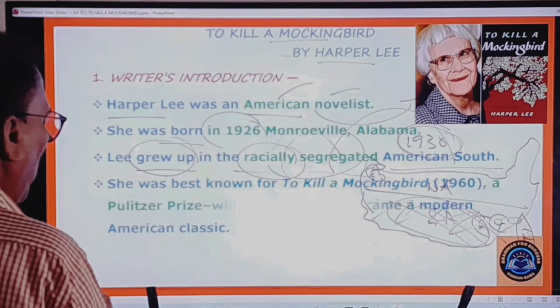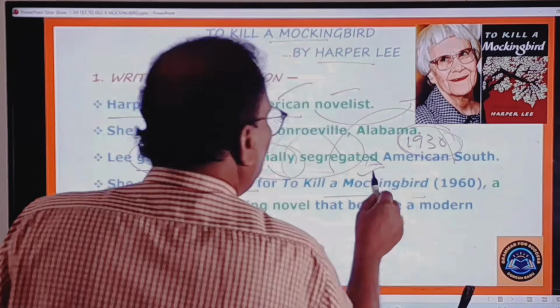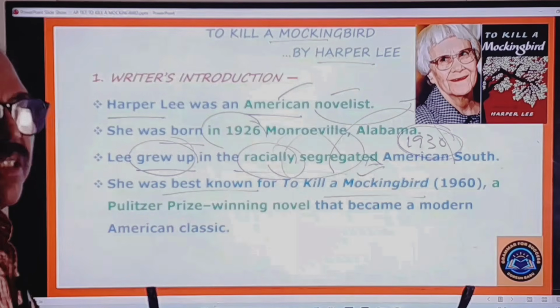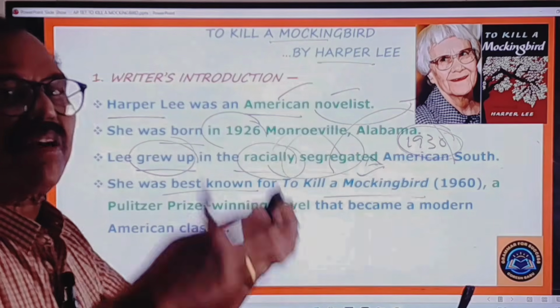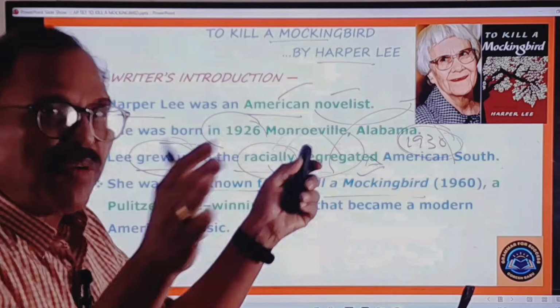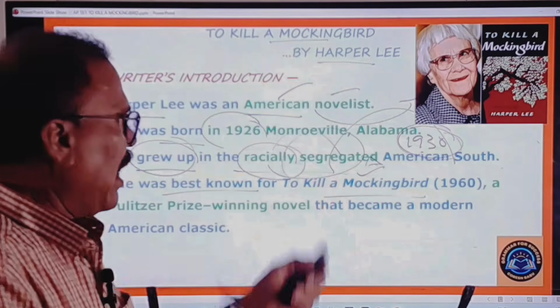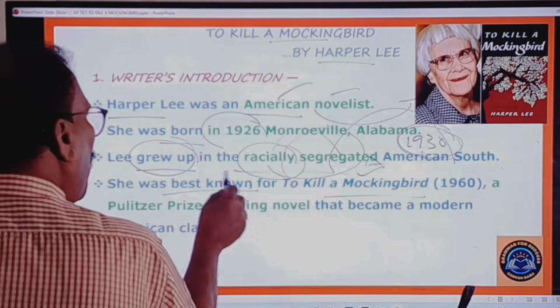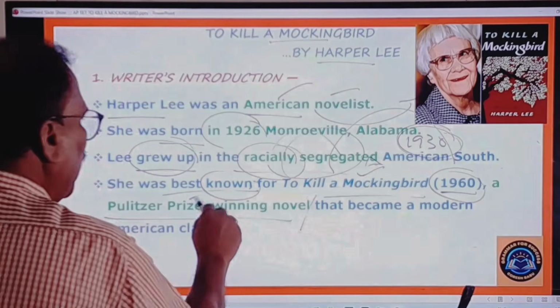And you go to the next point. She was best known for To Kill a Mockingbird. So this was her first novel, and this first novel had brought her a lot of name and fame from all over America and from all over the literary domain. So that's why she was best known for To Kill a Mockingbird, a Pulitzer Prize winning novel. What kind of novel is this?